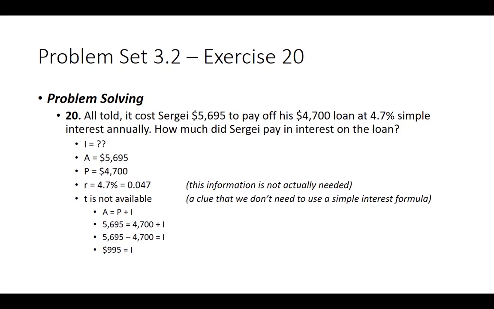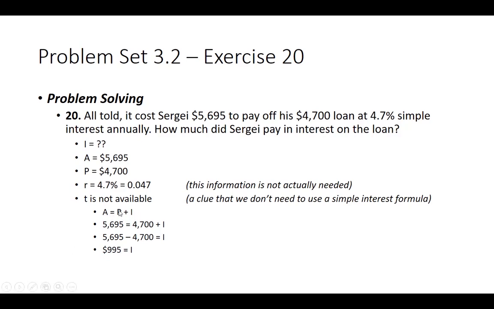We know that A, the payoff, is $5,695. We know that P, the principal, is $4,700. We know that the rate is 4.7%. Turns out that that rate is not actually needed, and T isn't even available here, which should be a clue that we don't need to use a simple interest formula.